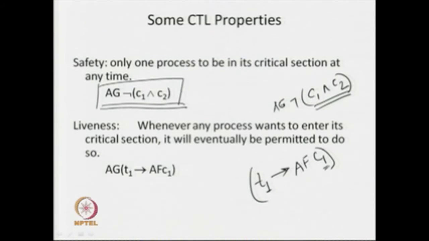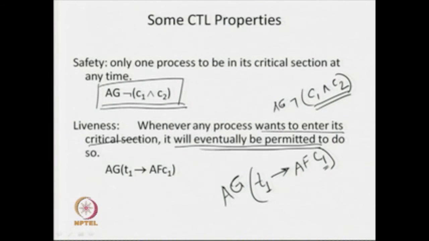That is why if T1 is true, it implies that in all paths in future we should get a state where C1 is true, and this must hold in all states, so we say in all paths globally. This is the way we write it.